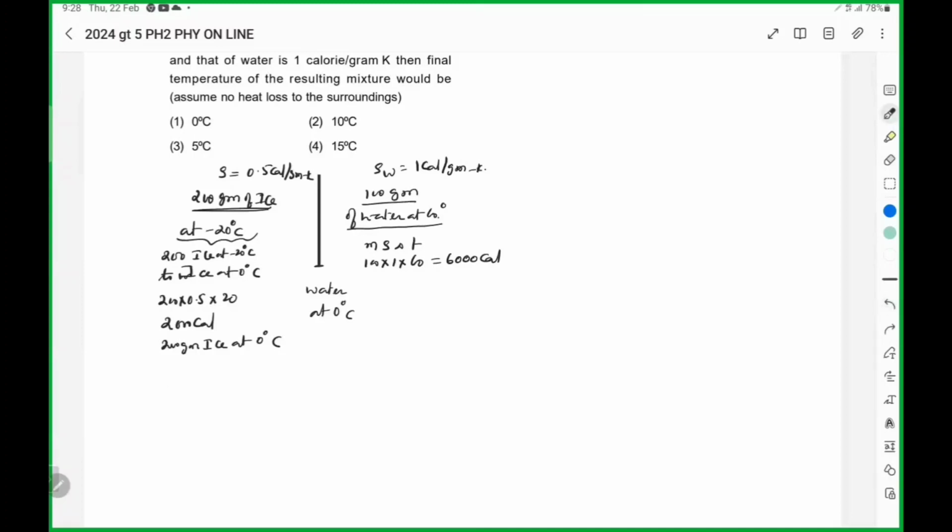To convert it into water, keeping the temperature the same, this is the latent heat of fusion. To convert 1 gram of ice at 0 to water at 0, 80 calories are required.